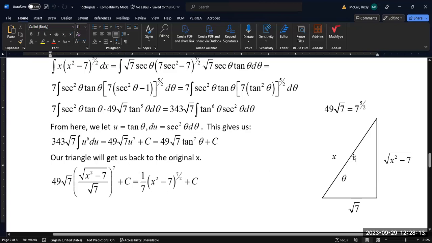So again, use the triangle to get back if you need to. Often you can do these problems by just thinking about the radicals that you simplified in the original problem and your original substitution, but that isn't necessarily always going to work. Where you'll usually run into a problem is actually with the sines and the cosines, because that's where you use those power reducing identities.